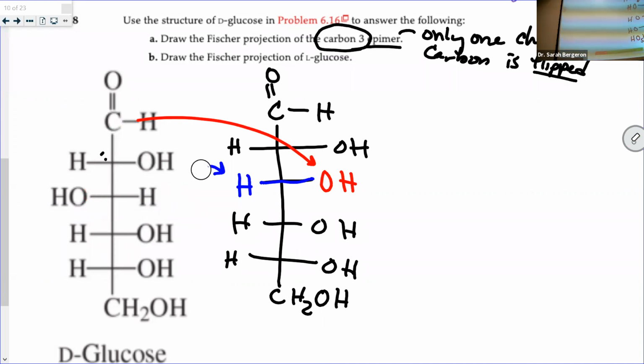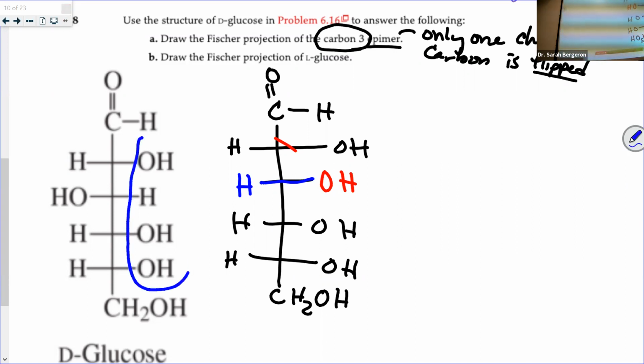Draw the Fischer projection of L-glucose. What should we do with that if we're going to draw L-glucose? We need to flip everything. So everything that was on one side is going to be on the other.